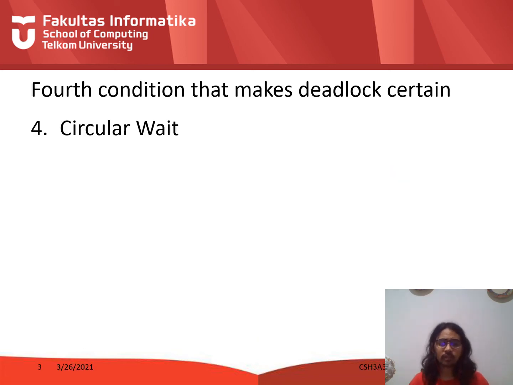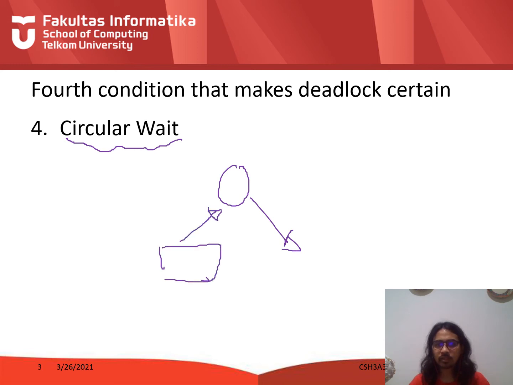So the 3 previous conditions only make deadlock possible, but the certain thing that makes deadlock happen is the circular wait, which we have also discussed in the previous video. The circular wait is when a process is holding a resource but it is requesting another resource.